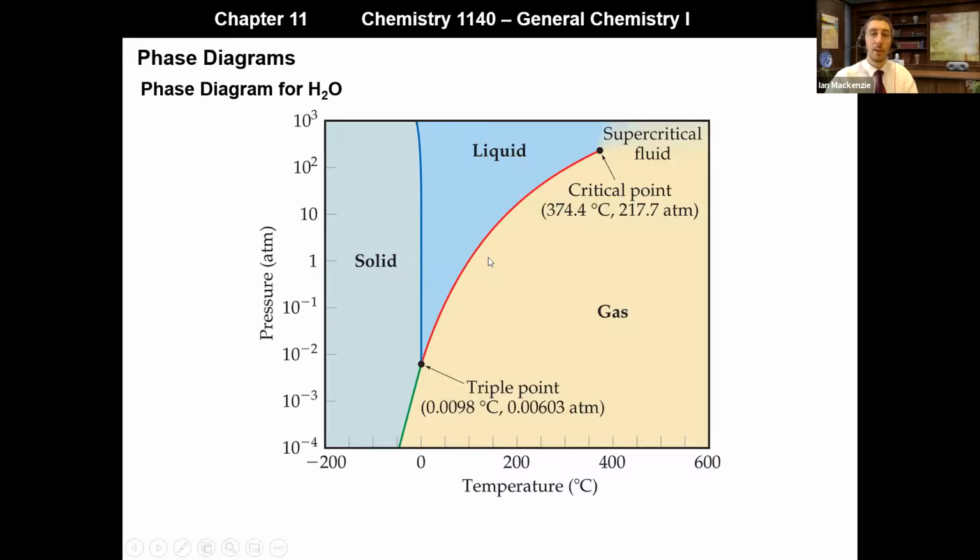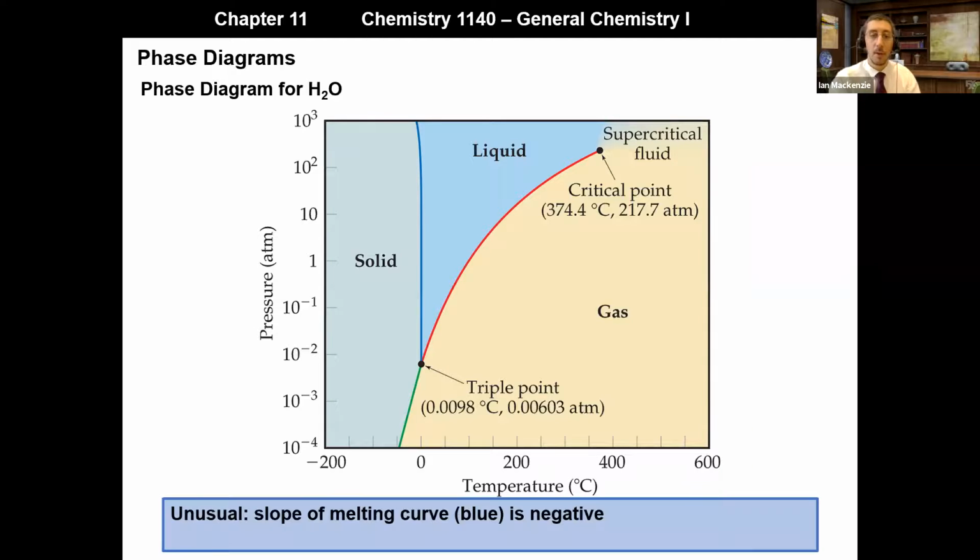There are a couple other things to point out from this particular phase diagram. So one thing is that we have an unusual slope for the melting curve. The melting curve slope is slightly negative, which means that if we increase the pressure, the temperature for melting actually decreases.